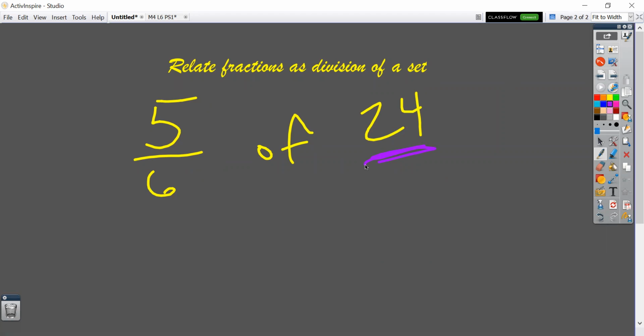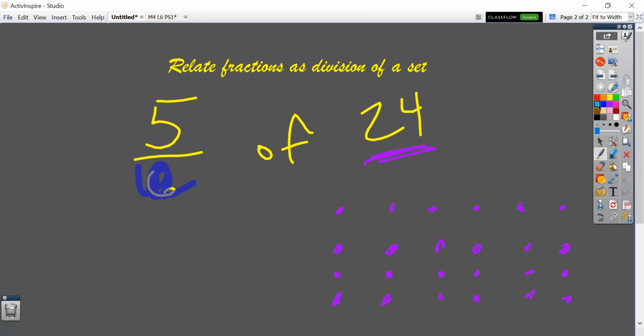What's our unit in our fraction? 6. So let's count out 24 dots in columns of 6. 1, 2, 3, 4, 5, 6, 7, 8, 9, 10, 11, 12, 13, 14, 15, 16, 17, 18, 19, 20, 21, 22, 23, 24.